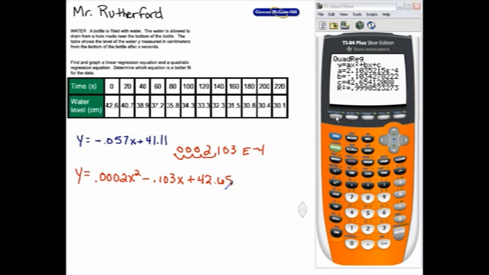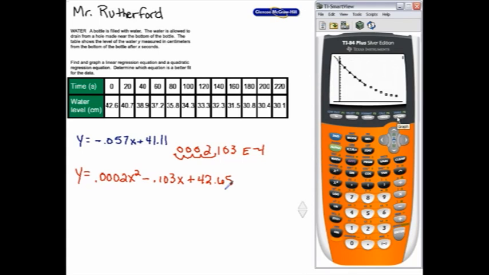So we come to the y equals, and we need to enter that, so I'll have 0.0002 x squared minus 0.103 x plus 42.65.